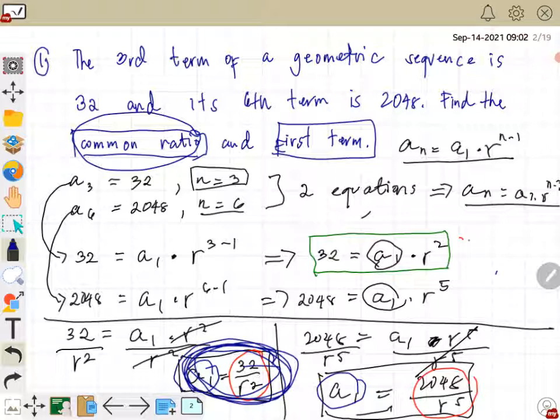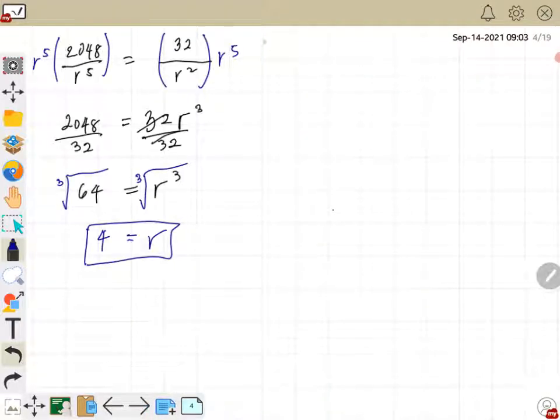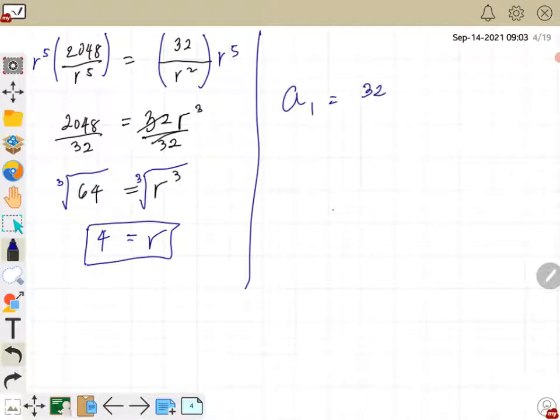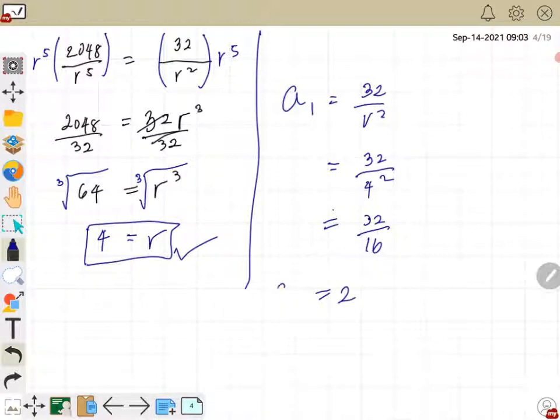Notice that in this equation, we simply substitute r. We know that our a sub 1 is just 32 divided by r square. Our r is 4, so 4 square gives us 32 over 16, that gives us 2.